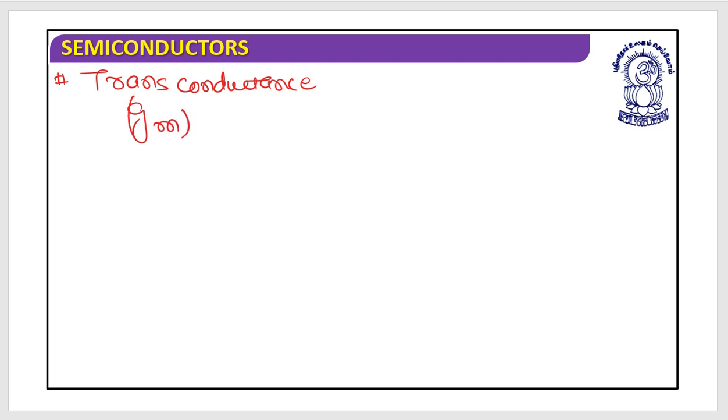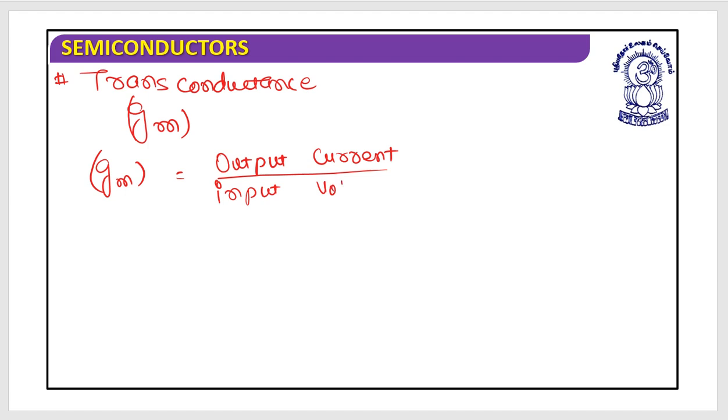This transconductance GM is the ratio of the output current to the input voltage.